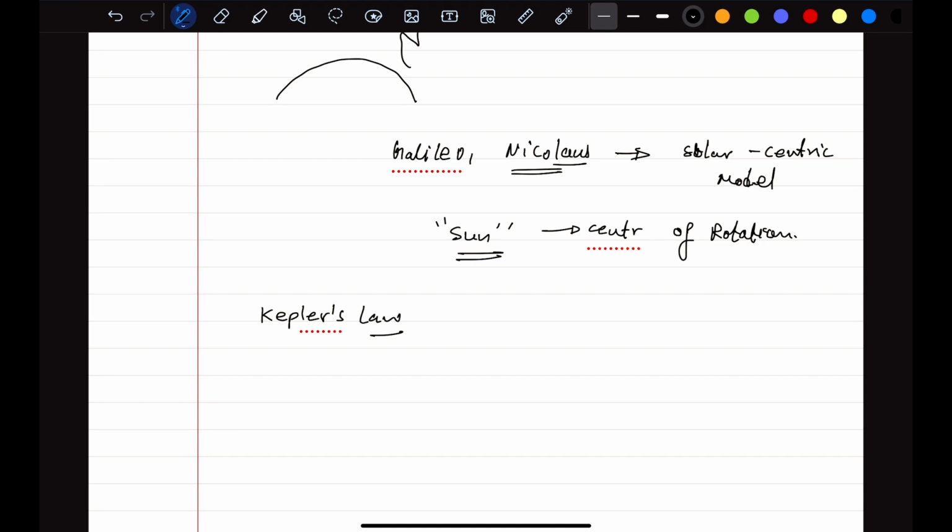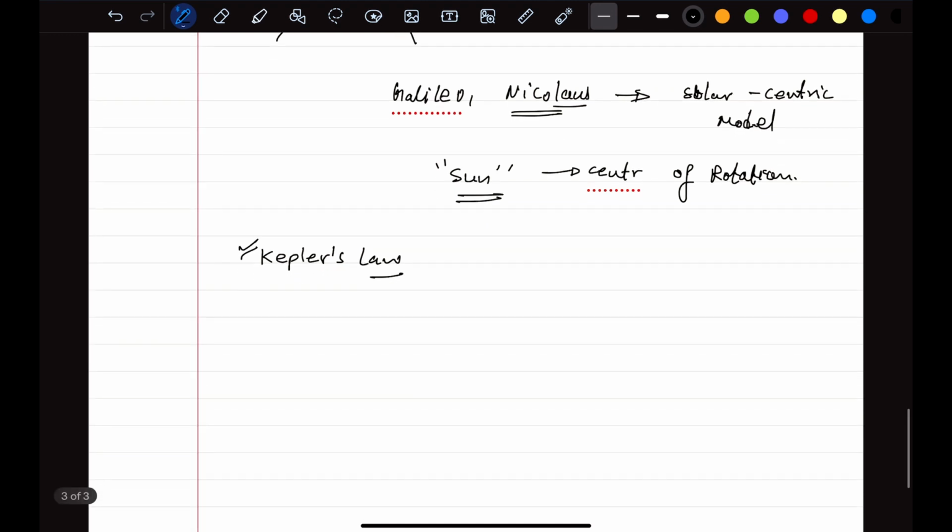And then around the 18th century, the famous scientist Sir Isaac Newton formulated Newton's law of gravitation.